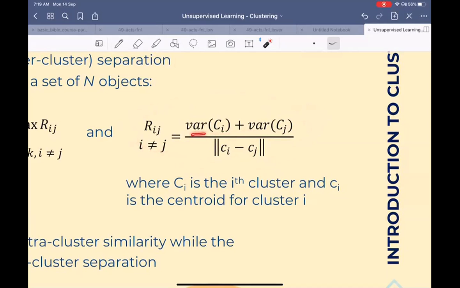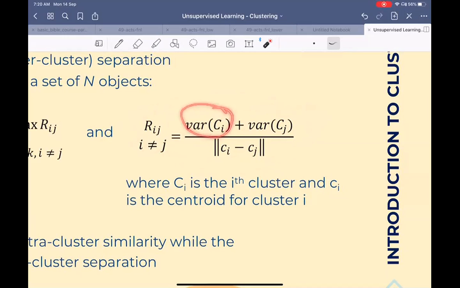When I say high numerator, it is the addition of the variance of multiple clusters. The variance of a cluster is basically a measure of similarity.